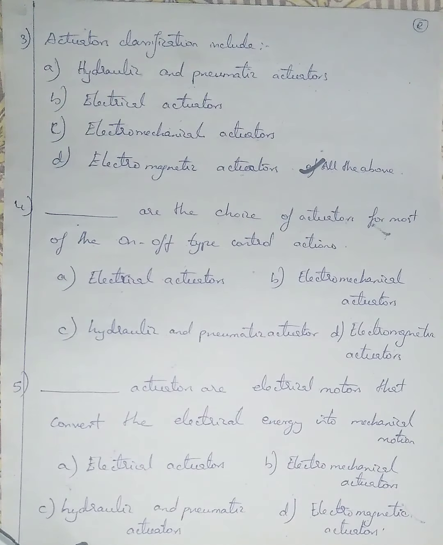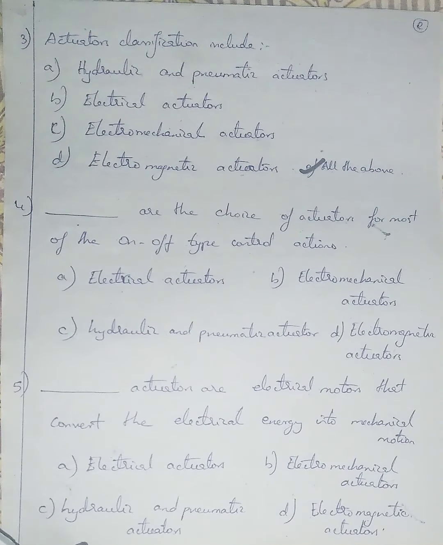Question number 4: dash are the devices that are the choice of actuators for most of the on-off type control actions. For on-off type control actions, in this classification, which actuators will we be using? Option A, electrical actuators. Option B, electromechanical actuators.